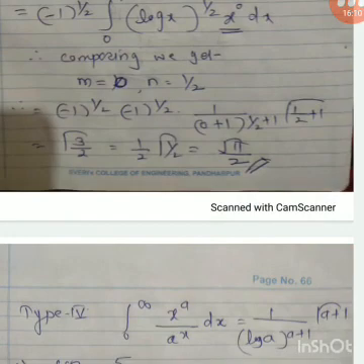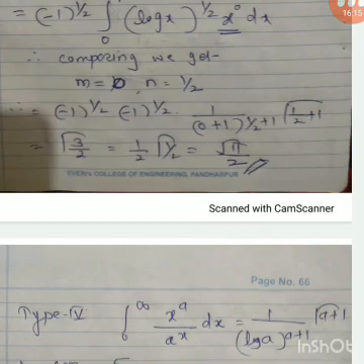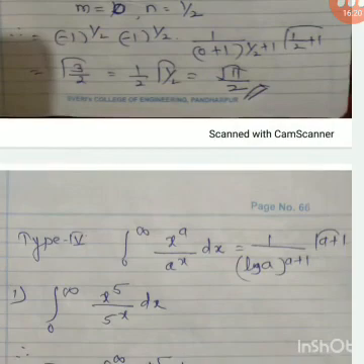Now comparing with the result, the power of a single x is m, equal to 0, and the power of log x is n, that is half. Now, (-1)^(1/2) is already in the example, and for the result we have (-1)^n, that is (-1)^(1/2), and 1 upon (m+1)^(n+1), that is (0+1)^(1/2+1), and gamma of (1/2+1).